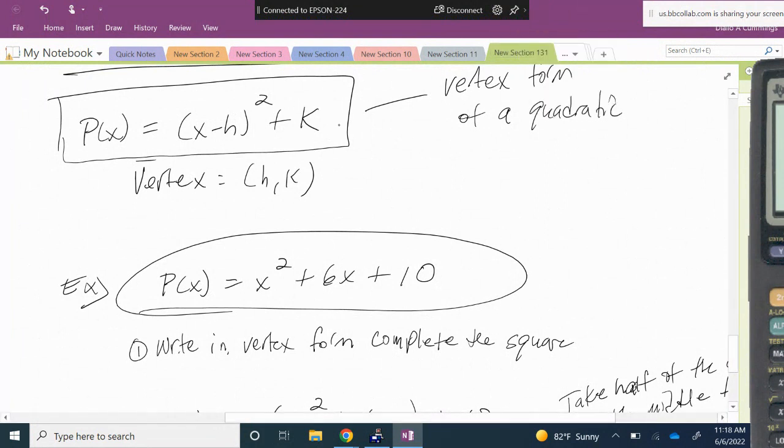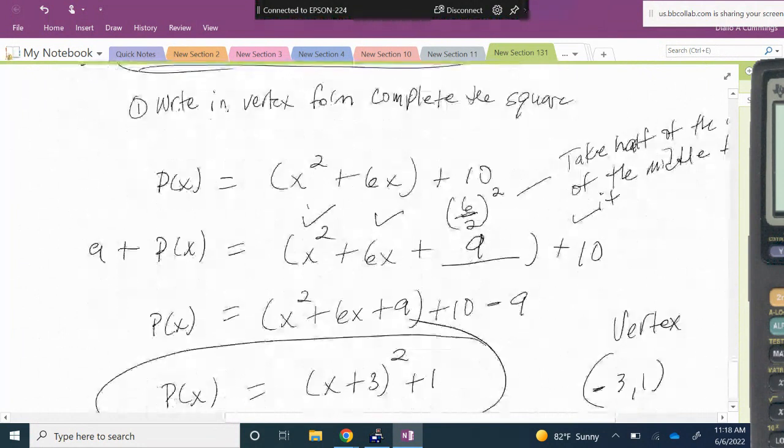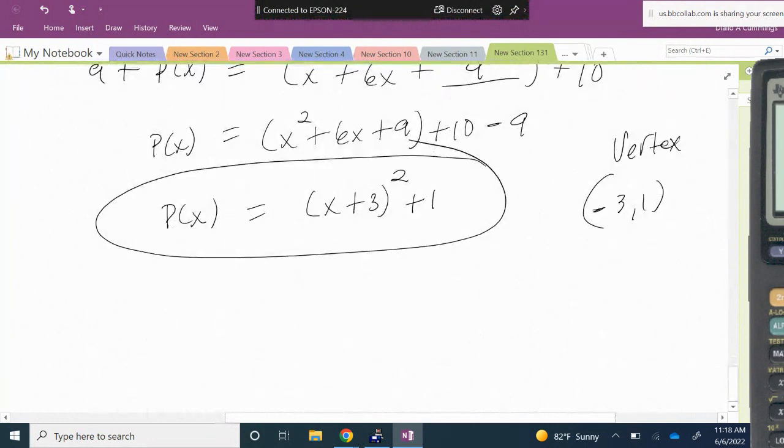Whatever our coefficient for k is, that stays exactly the same. In this form, my h is positive 3, and when we worked it out earlier we got a negative 3. When you take your vertex out of this vertex form, be mindful that the x coordinate will change signs. The y coordinate is going to remain the same.